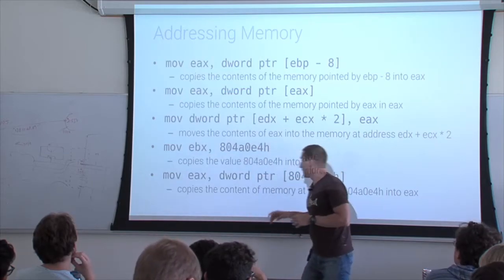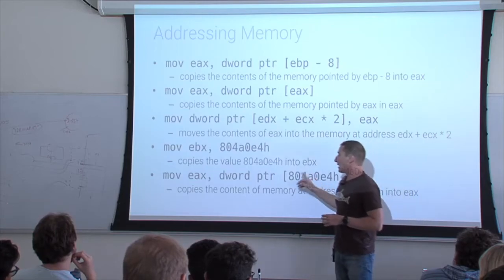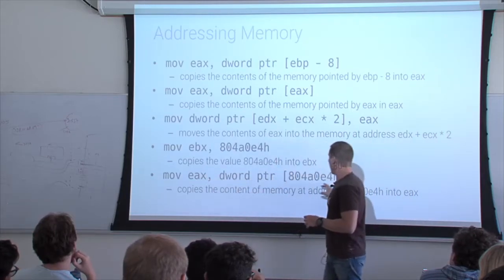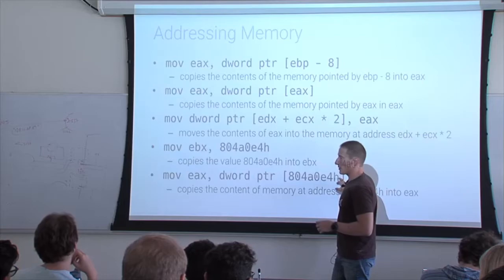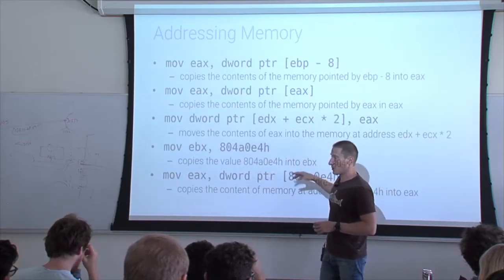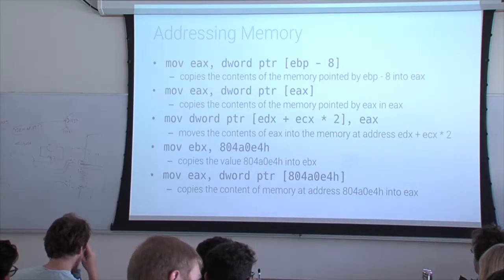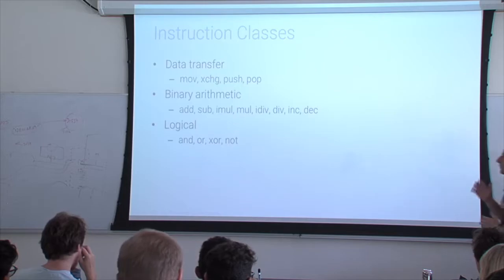And in this case, instead, it puts in EAX the value of the memory at this address, okay? You can see this is the value, and this instead is a pointer dereference, and so that's how things are loaded. We have a bunch of instruction classes.